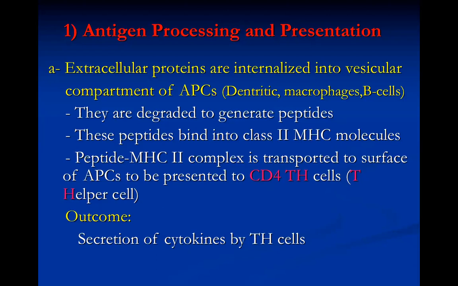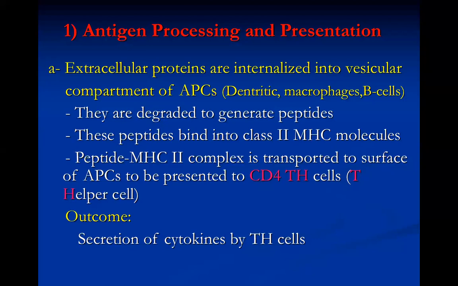So antigens which are recognized by the antigen presenting cells, be it tumor antigens which are presented or expressed on the surface of the tumor cell itself, recognized now by the dendritic cell, macrophages, or the B cells, they would capture or pick these antigens and then process them and present them to the T helper cells.